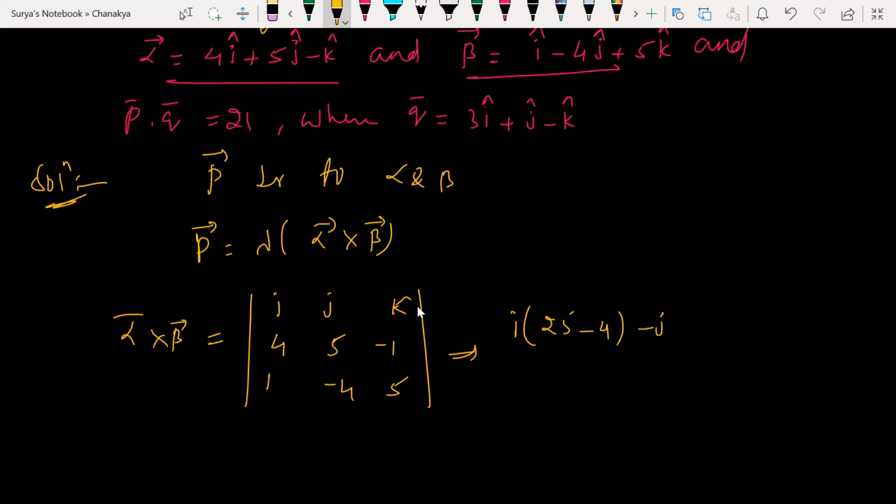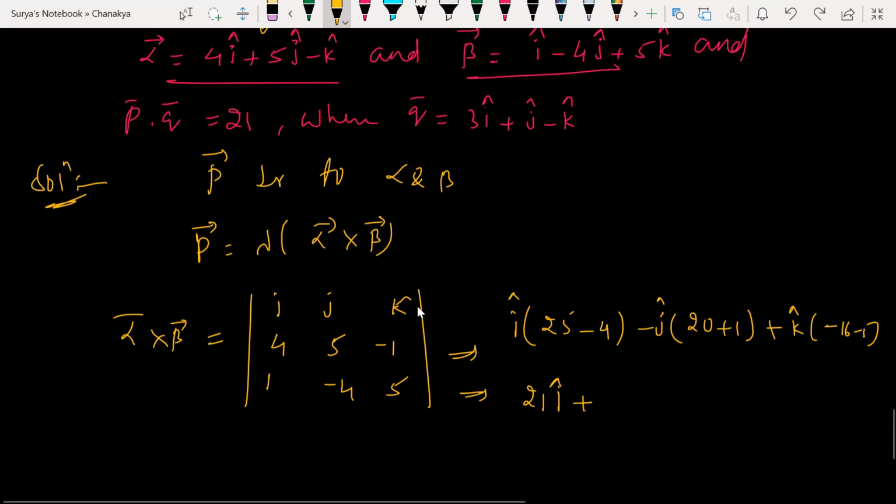Am I right? Minus J, 20 plus 1, plus K, minus 16 minus 5, minus 21. Isn't it? Directly right. All right. So what would you get here? 21 I cap, sorry, minus 21 I cap minus 21 J cap minus 21 K cap.